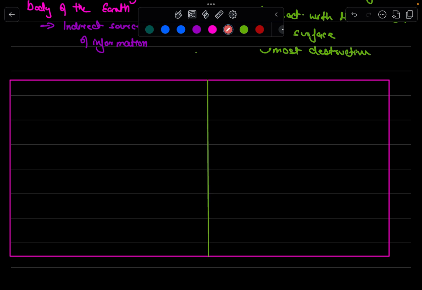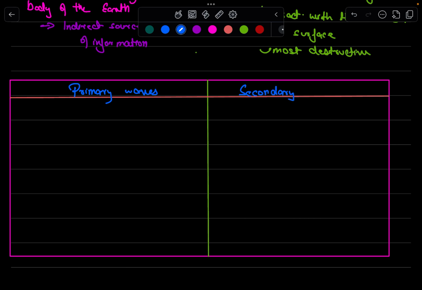So first we are going to talk about primary waves or P waves. Primary waves and secondary waves. Primary waves are primary because they are the first to reach the seismograph. Seismograph is an instrument to measure seismicity.